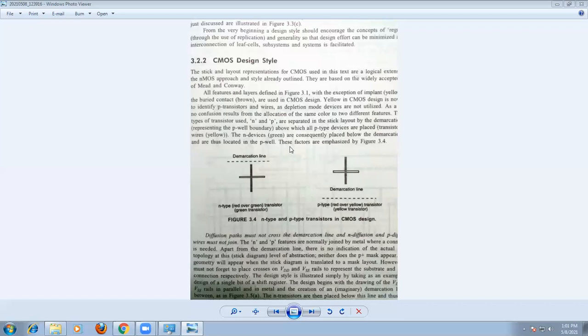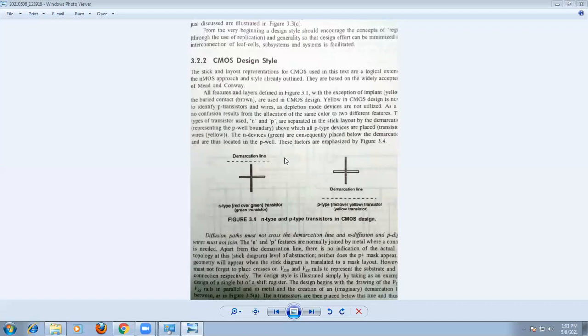But here, at any cost, there is no direct contact between P channel and N channel. There is no N diffusion and P diffusion joined together. That's why we are not going to use buried contact in the CMOS design style. So the same brown color can be used in order to distinguish between N channel and P channel in the CMOS design style.